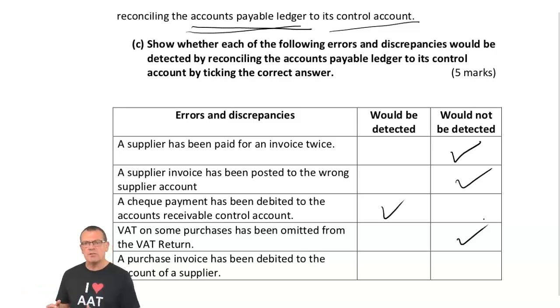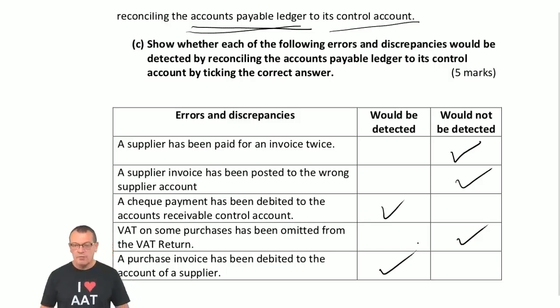Just go ahead within the exam and ask the examiner for some rough paper. A purchase invoice has been debited to the account of a supplier. If it's debited to a supplier, it's on the incorrect side. Would that be detected? Well, yes, because it's on the wrong side. And if the other half of the entry is correct, then that is going to be detected. So there's 1 mark for each of those.